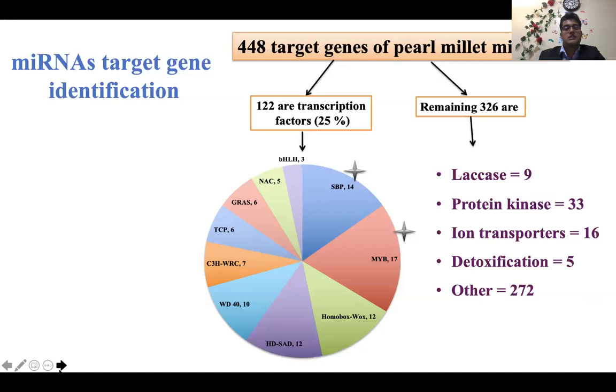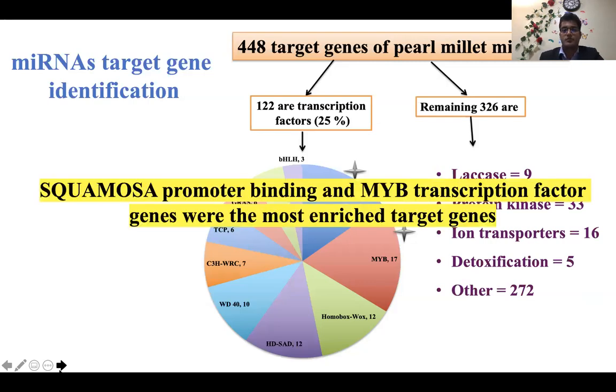Then we went for target gene identification for these microRNAs, because microRNAs depend on their target genes for their functioning. We identified different families of target genes. Among them, squamosa promoter binding and MYB transcription factors were the most enriched target gene families.